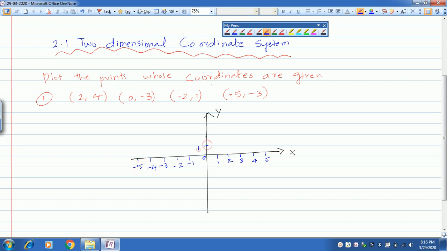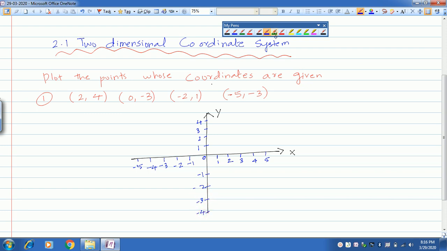Here 1, this is 2, this is 3, and this is 4. The y-axis: here we have minus 1, minus 2, minus 3, and minus 4.